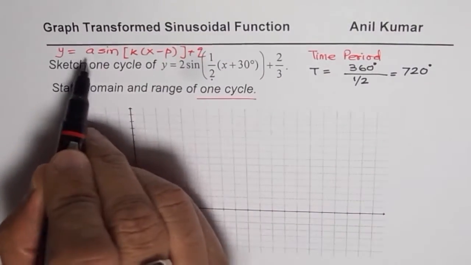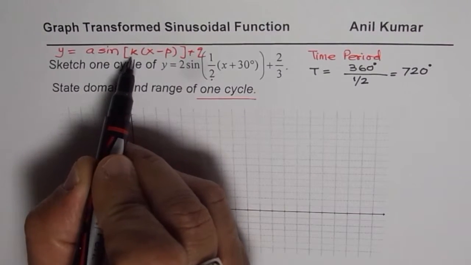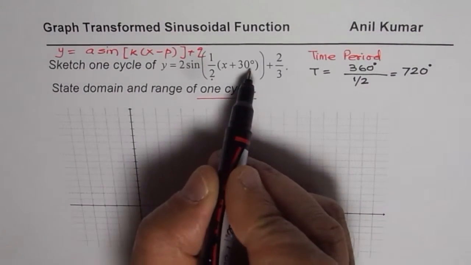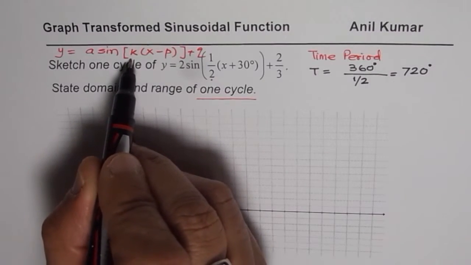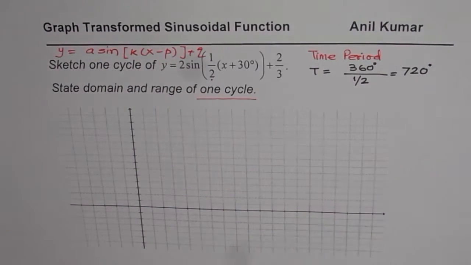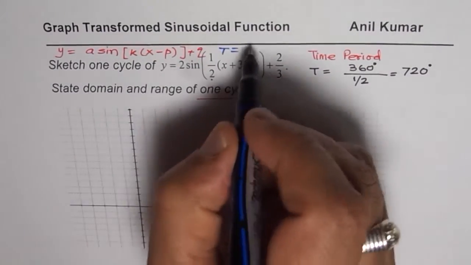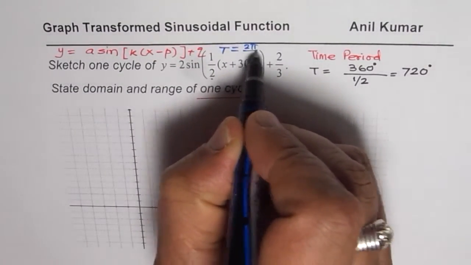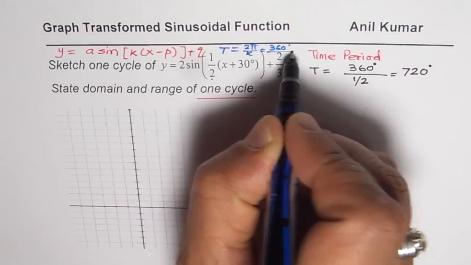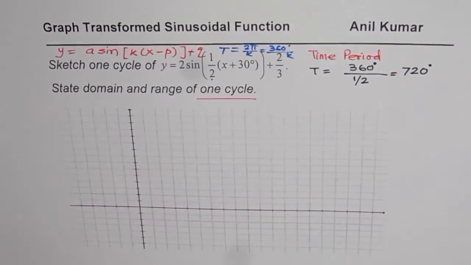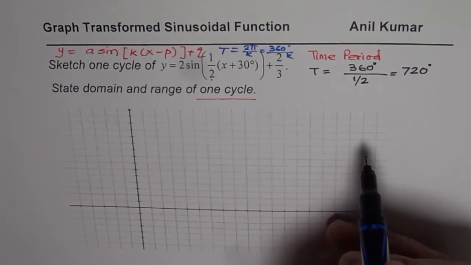In this general formula, k gives you the number of waves in 360 degrees when you're working in degrees, or the number of waves in 2 pi, and therefore the time period T is equal to 2 pi divided by k, or 360 degrees divided by k. So we have used that formula. So first step is to find the time period.